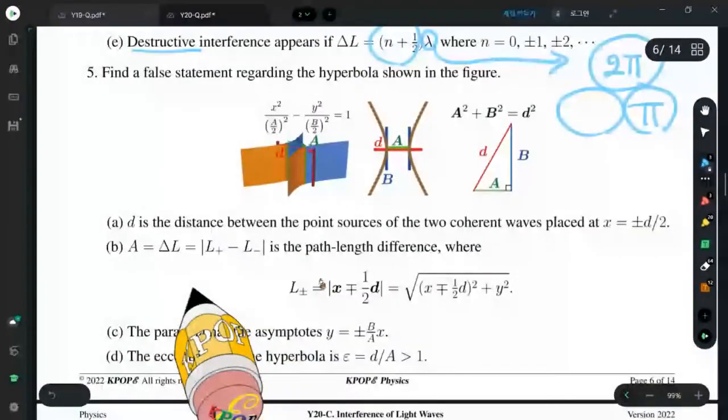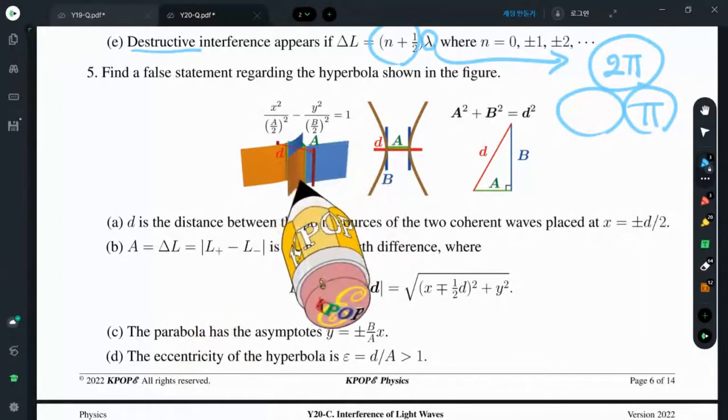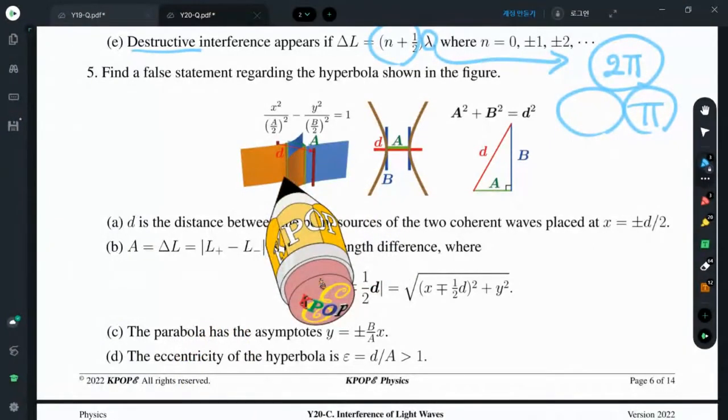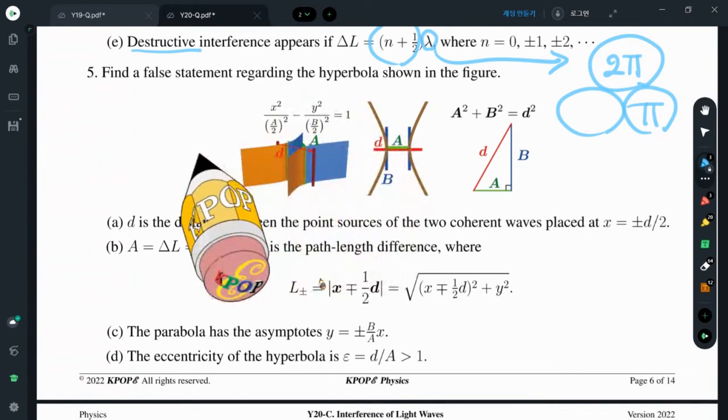If you carry out a little bit of algebra, you will find the equation for the points that have fully constructive interference or fully destructive interference. The reason is that this is a trajectory of a hyperbola.